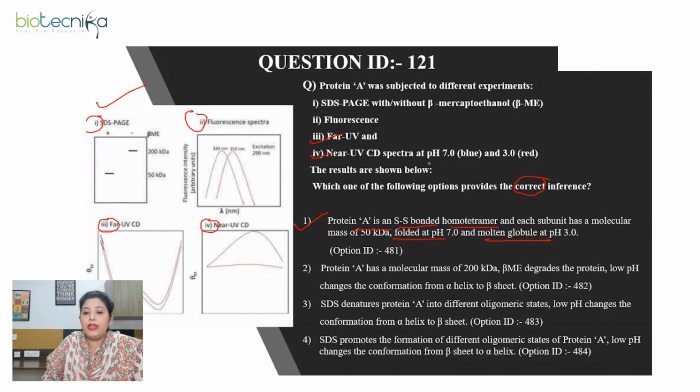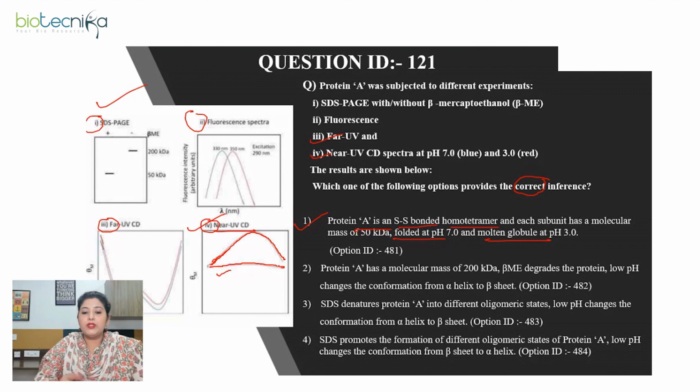The pH data is given in figure 4, the near UV circular dichroism. The blue one represents pH 7 and the red one represents pH 3. You can see there is an increase and decrease in the blue curve, but the red one is constant.